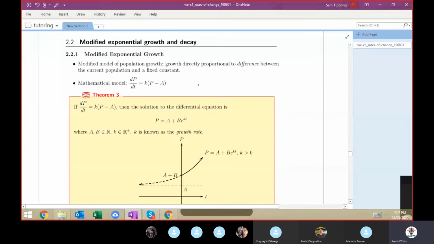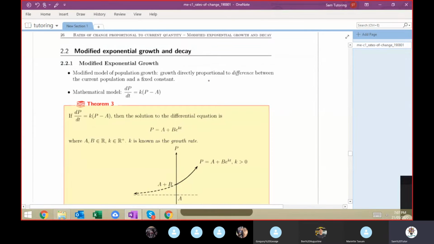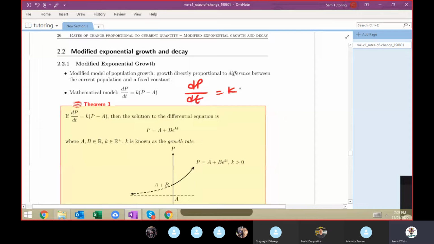That's what Newton's law of cooling is, and that's what this extra term is. The difference to what you've just learned, which was dP/dt = kP, is that you've got an extra constant air temperature. So it's dP/dt = k(P - A), where your P function is now A + Be^(kt).